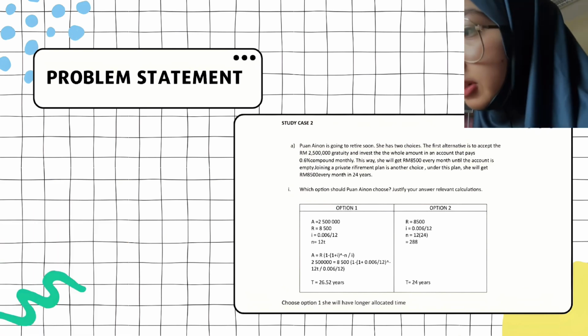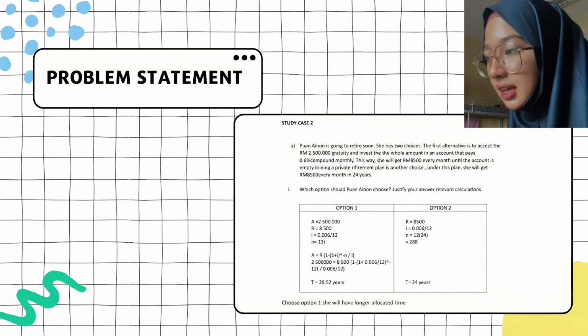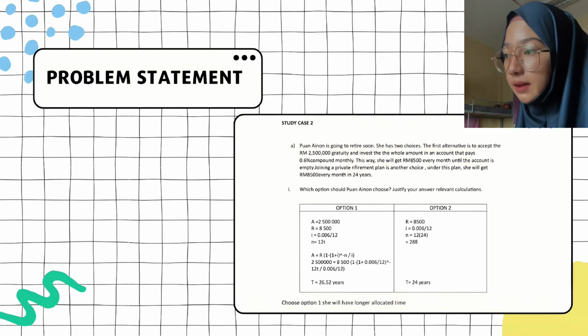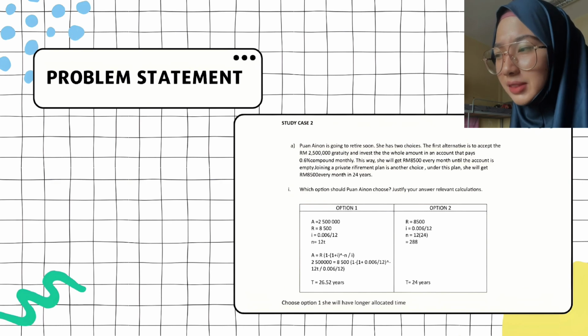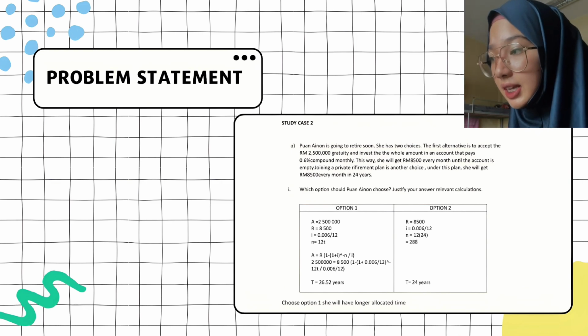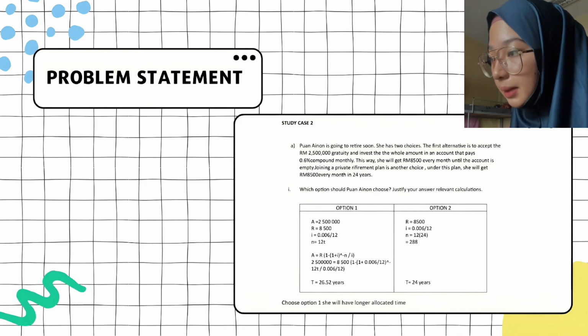And for the answer for option 1, A equals 2,500,000, R equals 8,500, i equals 0.006 over 12, and n equals 12t. So just put in the formula, A equals R [(1 minus (1 plus i) to the power of negative n) over i].